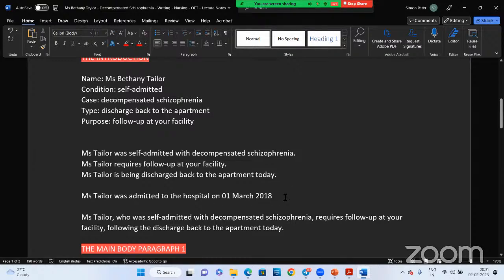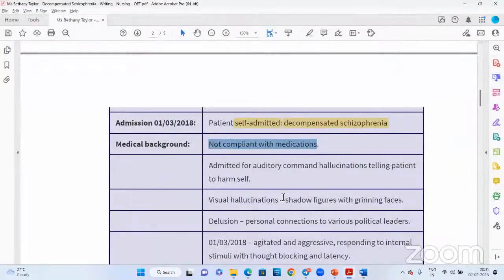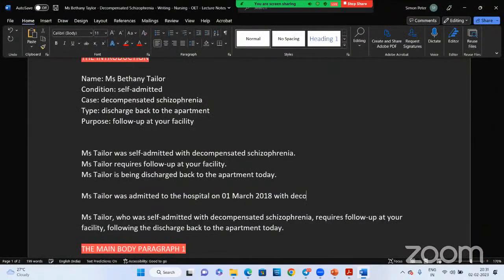So this also you can write with the complaint of decompensated schizophrenia. Okay. So this is the way how you can write.